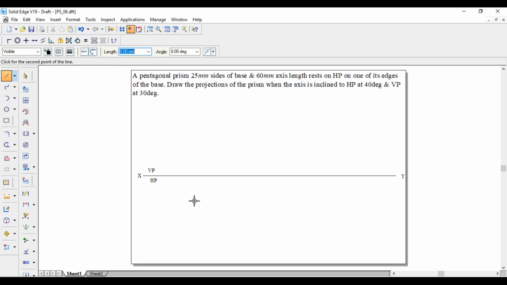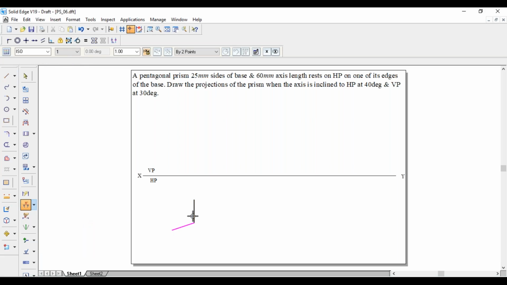So it is 25 mm side. So 25. Now with respect to this line, the angle should be 72 degree. You have to draw. So this angle should be 72 degree. Like that you have to draw. Same thing from here also.